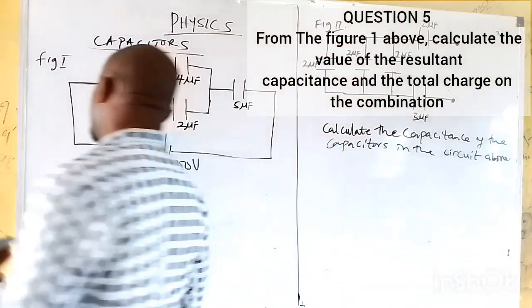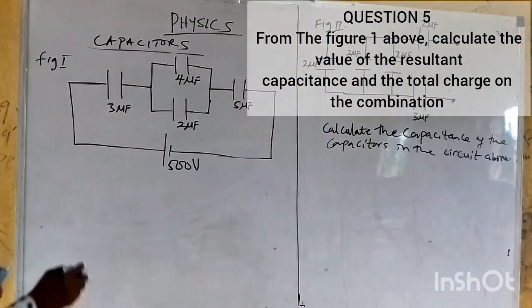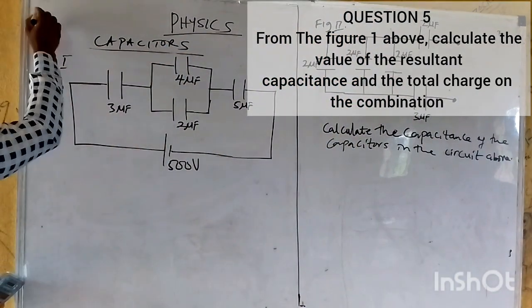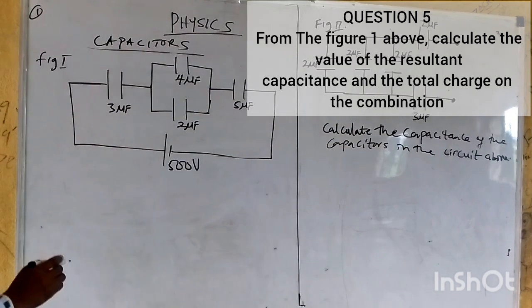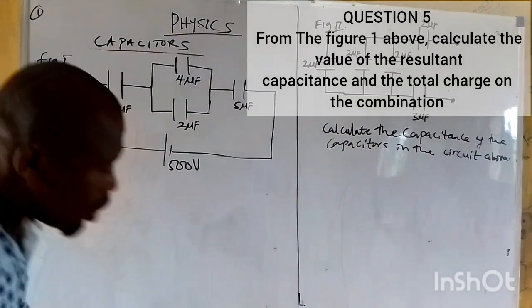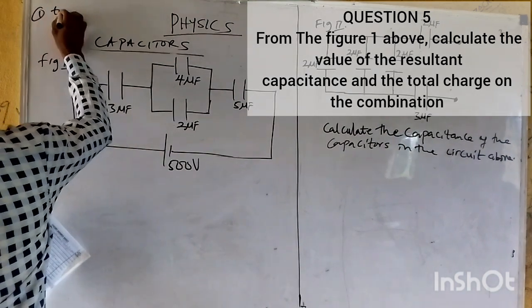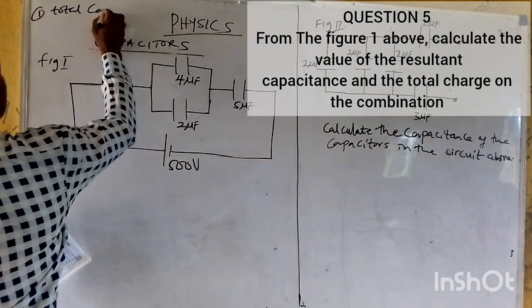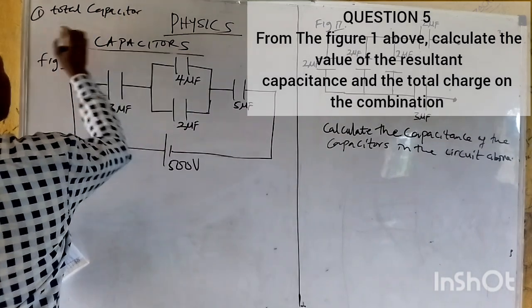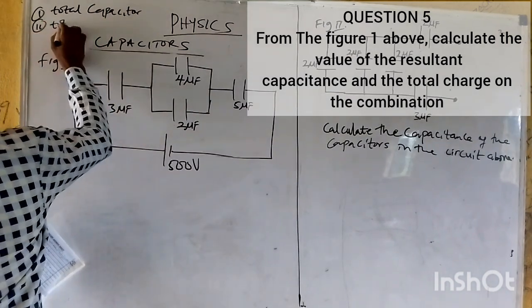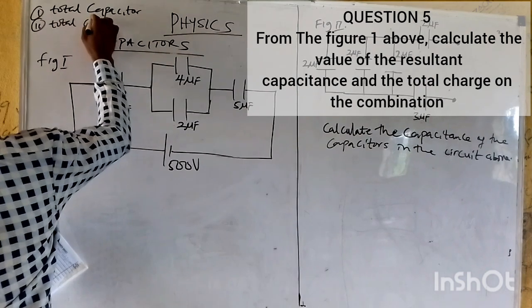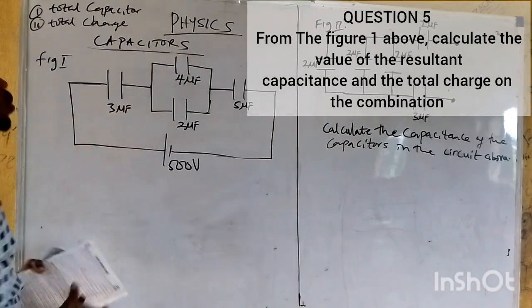So there are 2 questions they asked us here. The first question is the total capacitance, the total capacitor, while the second question is the total charge.